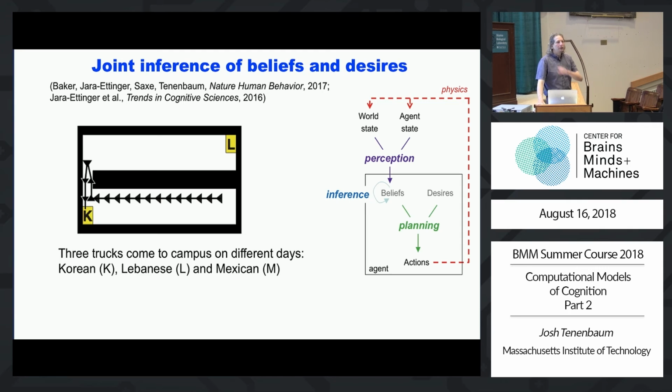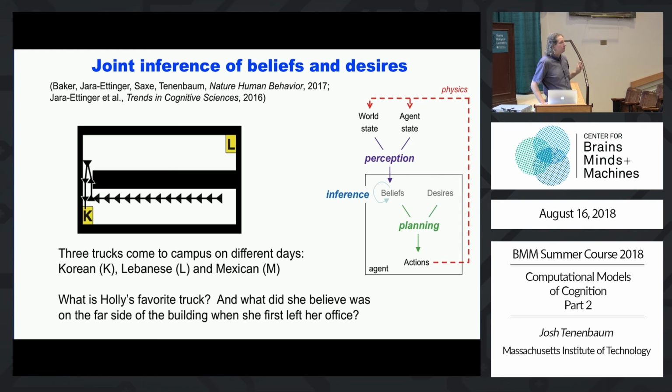Or in other words, you see their path. It's obviously not an efficient path to the Korean truck, because there's a much more efficient path, but it's an efficient path subject to some false and true beliefs, a mixed set of beliefs, which you see together with the desires. So in our experiment, we asked people both to rate the degree of preference for each of the trucks, but we also asked them to rate degree of belief for the agent's priors before they started moving.